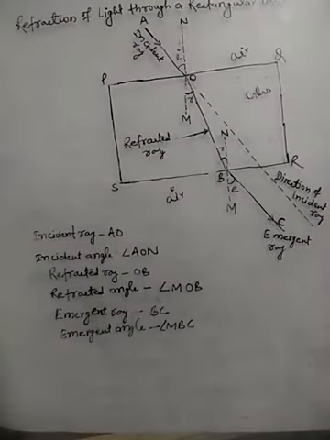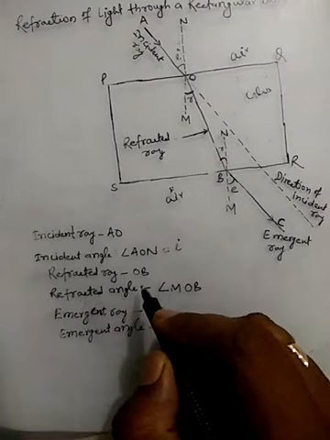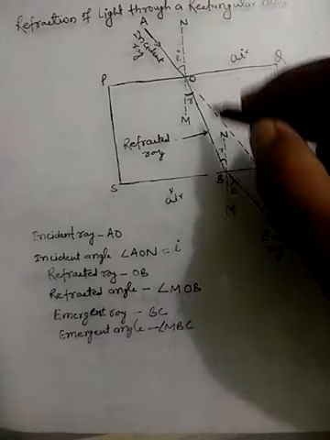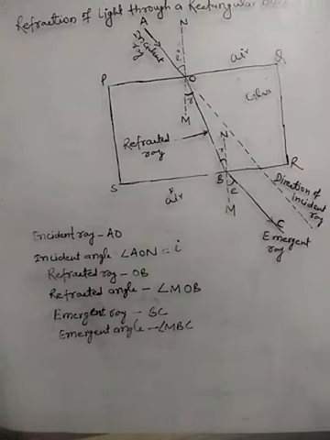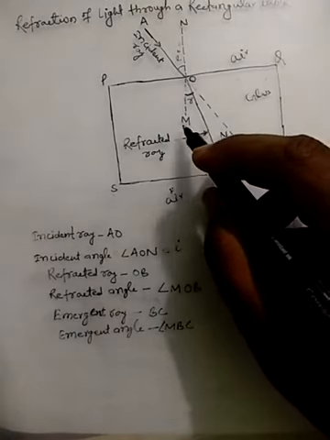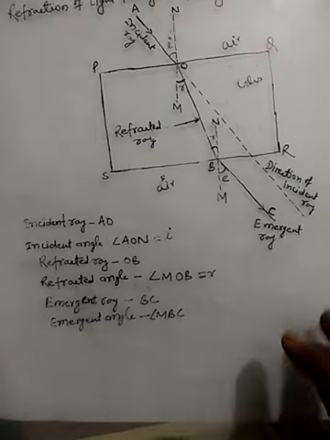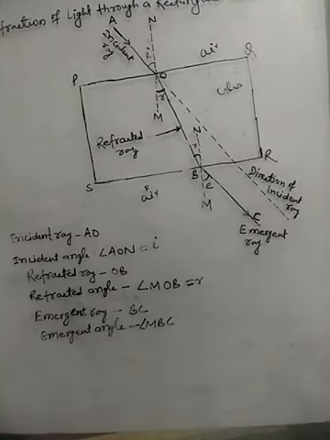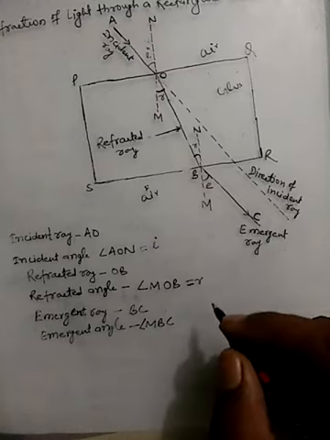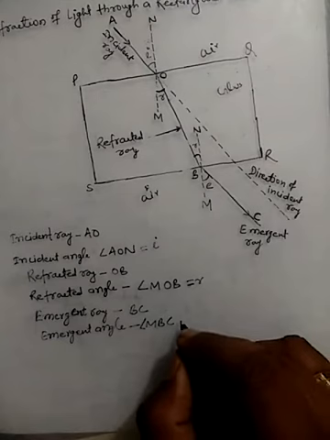This is I. The refracted ray is OB, and the refracted angle is angle MOB, that is R. The emergent ray is BC at point B, and the emergent angle is angle MBC, angle E. This is the emergent angle.